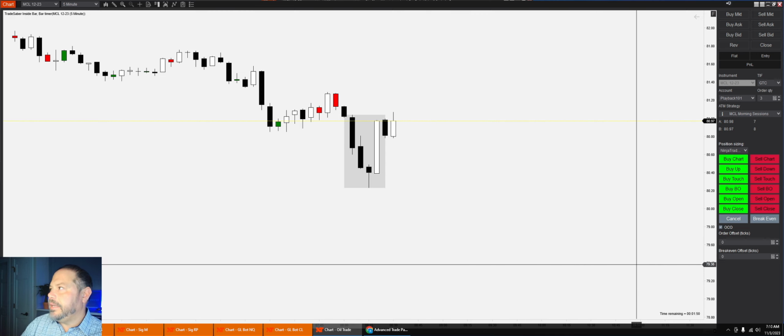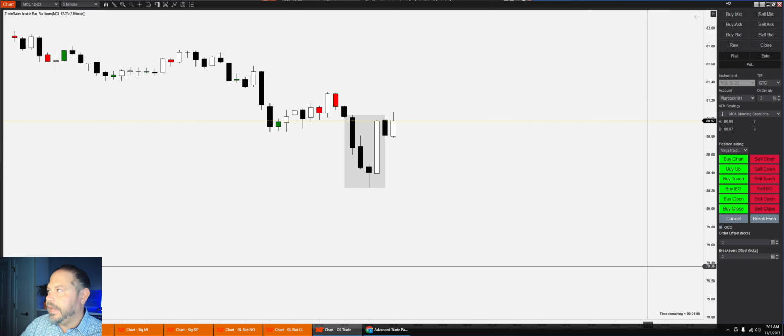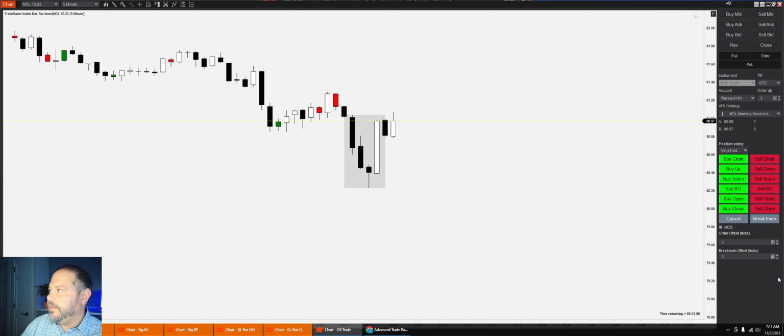So the next indicator is an indicator that I use every single day. I paid for this indicator. It's not cheap, but I will give you also an alternative, and it's with the same Trade Saber guy. So he's got an order entry tool.